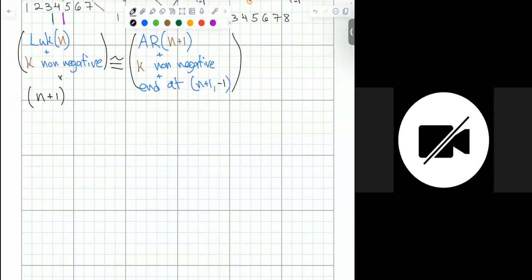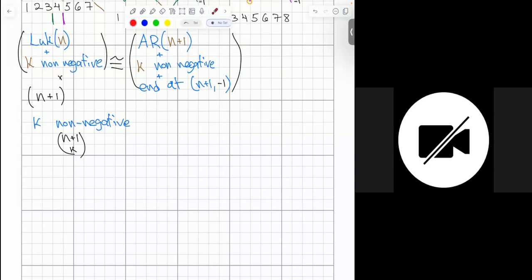What we're aiming for is we need to choose the k non-negative steps out of n plus 1 options. So this translates to n plus 1 choose k for choosing what the location of the non-negative steps are.